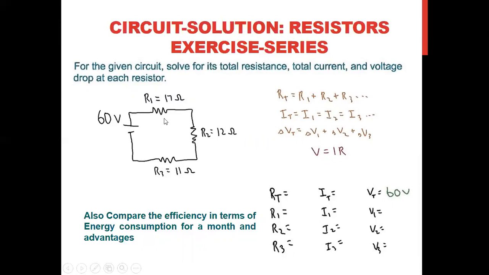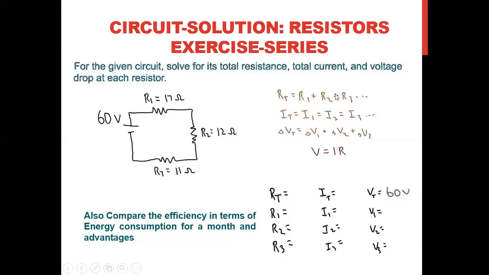Okay, so solve this circuit for its total resistance, total current, and total voltage drop at each resistor. Voltage drop, because total voltage we know, voltage drop at each resistor. Also compare the efficiency in terms of energy consumption for a month and the advantage of this circuit, where it can be applicable.